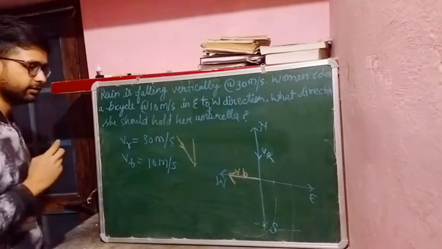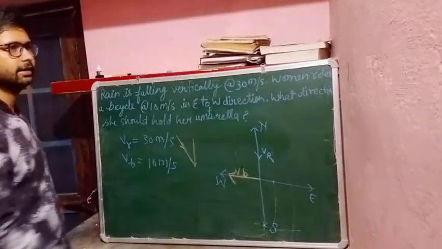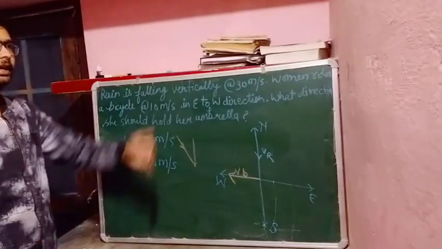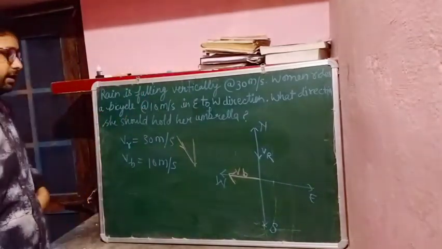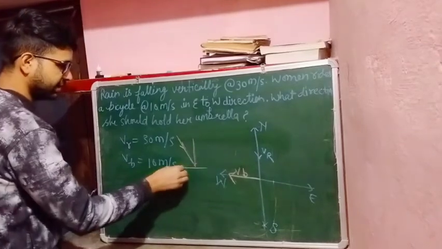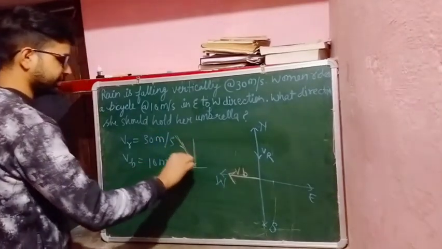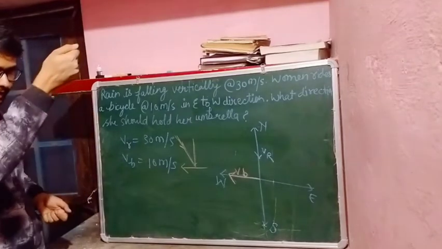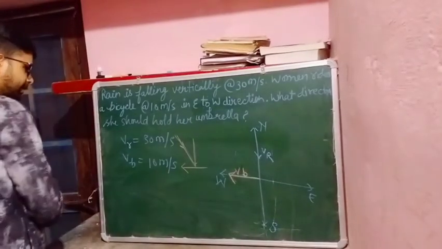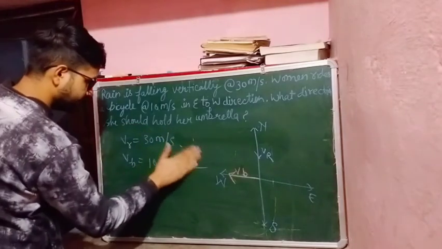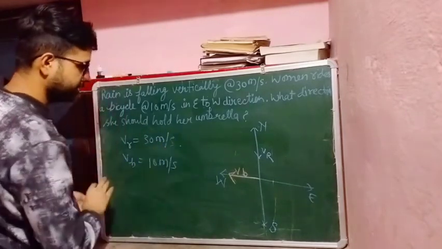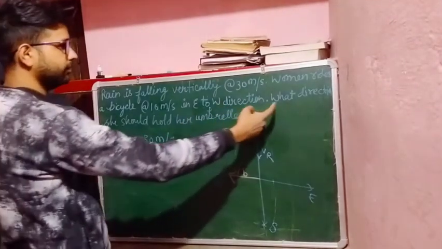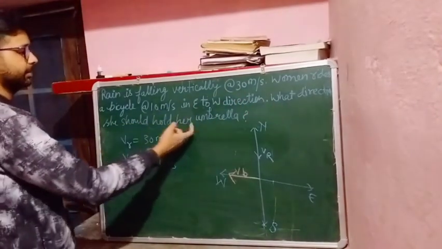If she is moving in this direction, she will see that the rain is not falling vertically but at some angle to her. So if she is moving in this direction, she will see it falling like this, so she has to tilt her umbrella in this direction. Practically you can see this. So what is the direction she should hold her umbrella, it says.